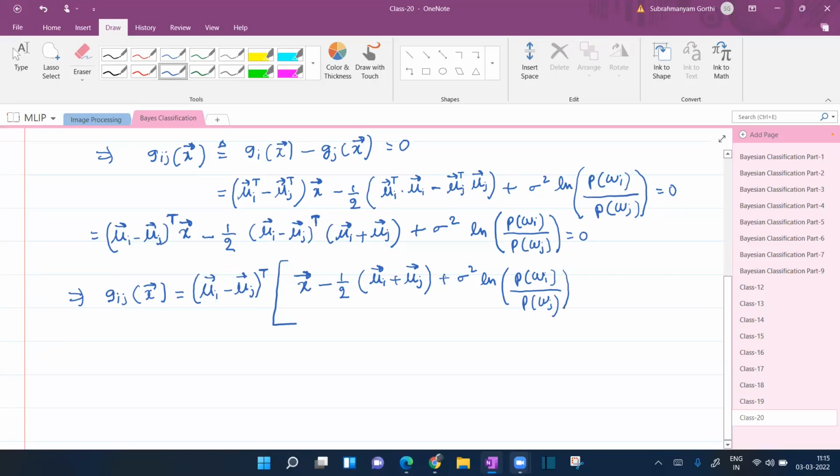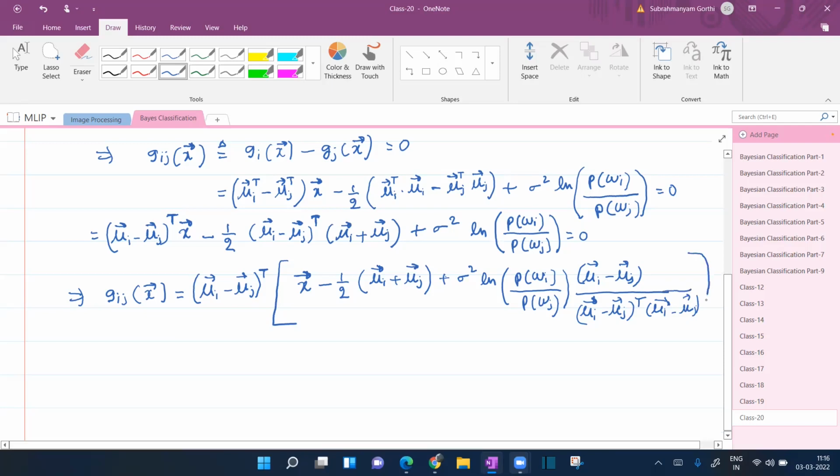Pay your attention here. This is a little bit tricky. So I would write here mu i bar minus mu j bar, divided by mu i bar minus mu j bar whole transpose into mu i bar minus mu j bar.